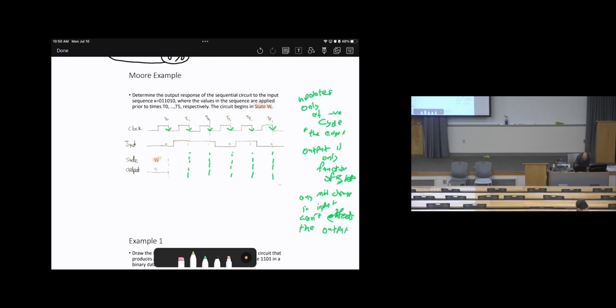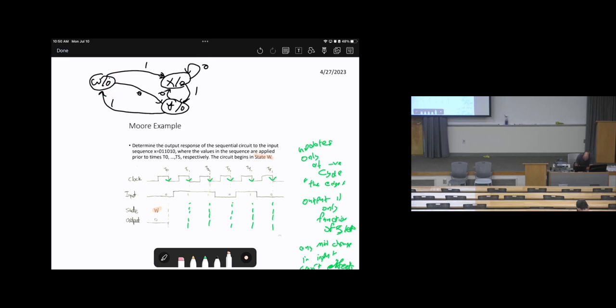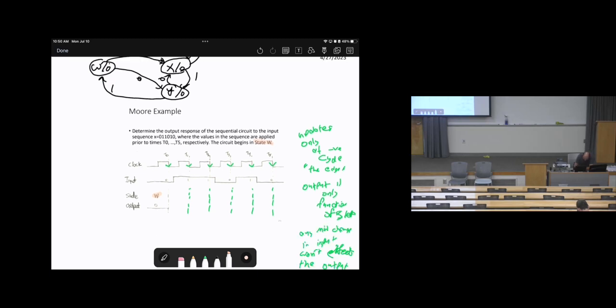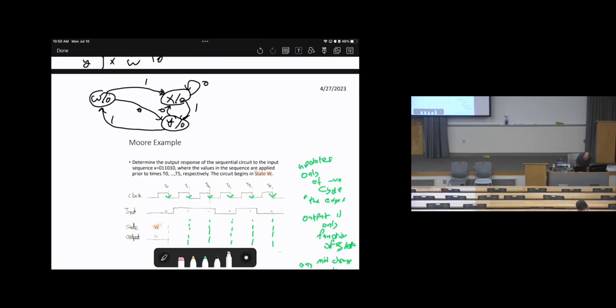So, starting with state W, which is associated with output 0, the output here is 0. Now, at this update, the input is 0.